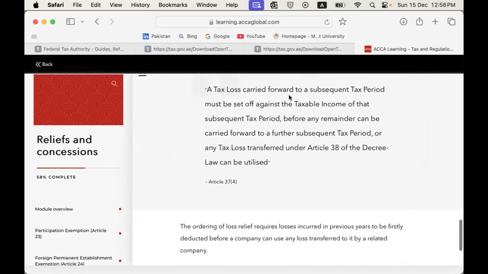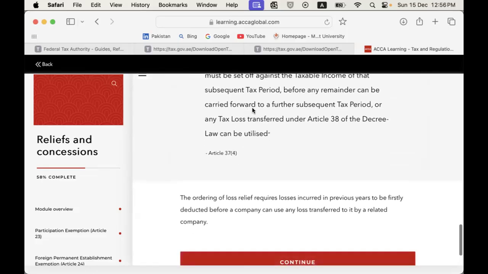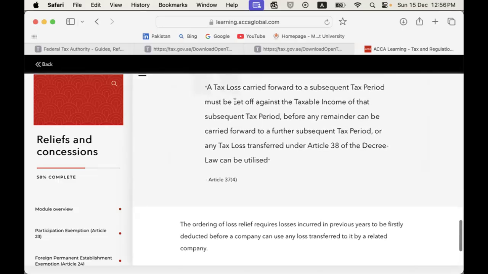A tax loss carried forward to a subsequent tax period must be set off against the taxable income of that subsequent tax period before any remainder can be carried forward to a further subsequent tax period. So let's read this carefully.